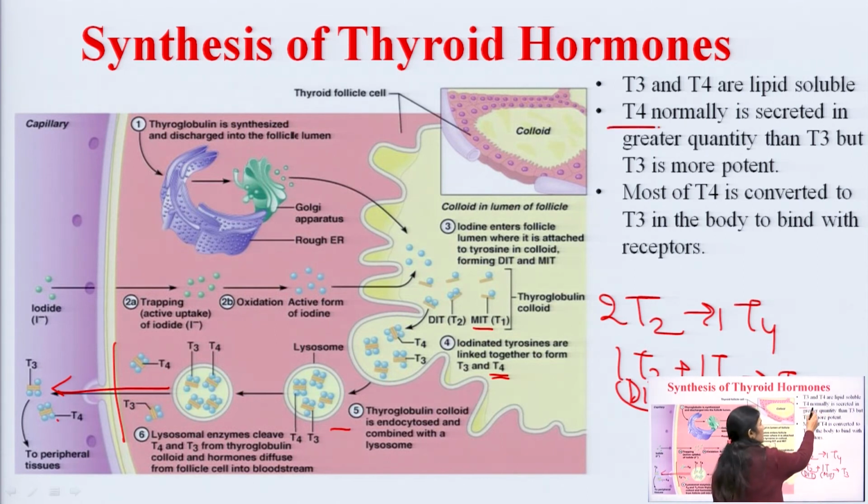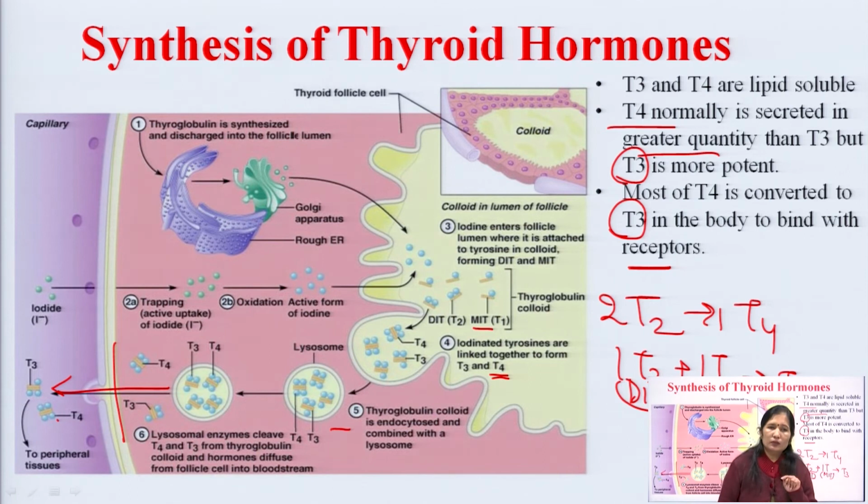Though T4 is secreted in larger quantity than T3, T3 is more potent. Most of the T4 is converted to T3, and then T3 binds with the receptor to produce its action.